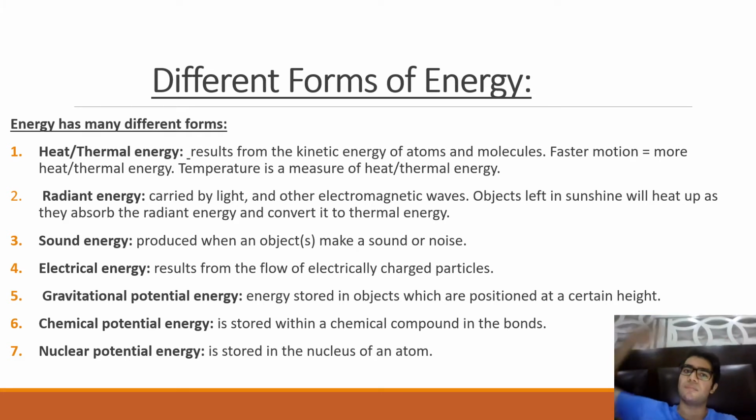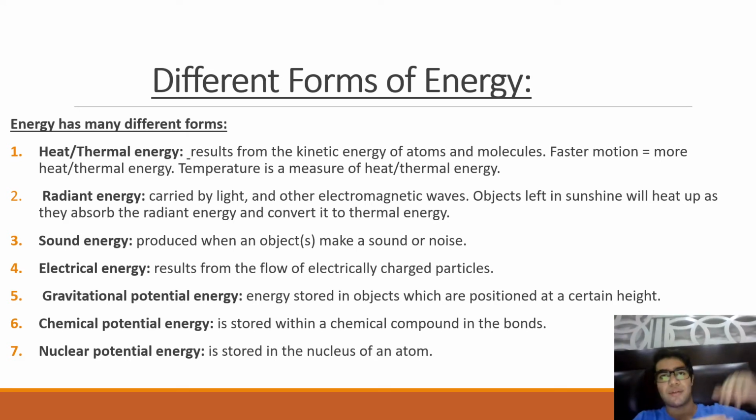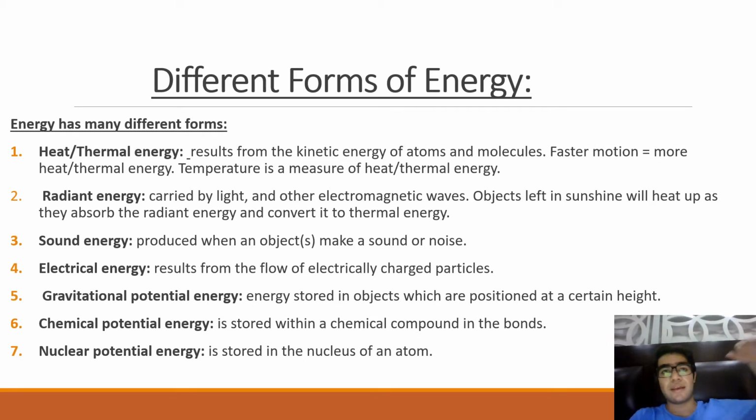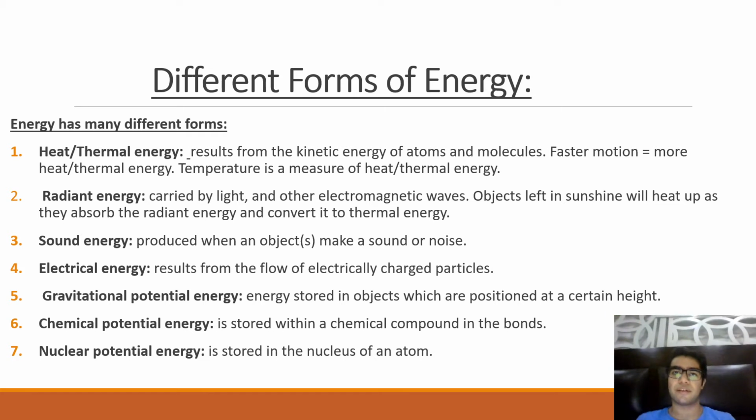And the higher the object is, the more gravitational potential energy it has, provided that the masses are equal. So if there are two objects with equal masses, and one of them is 5 meters above ground and the other is 10 meters above ground, the 10 meter one will have more gravitational potential energy.